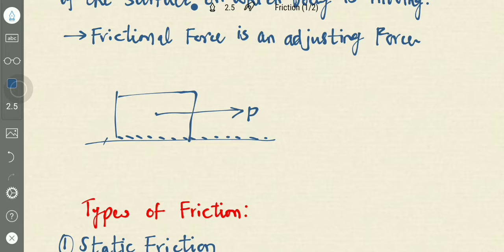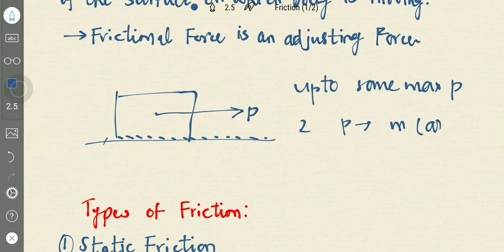up to some extent, up to some maximum force P, this body stays at rest only, because we have seen in the second law of motion that if any force is applied, the body of mass m should move with acceleration a.